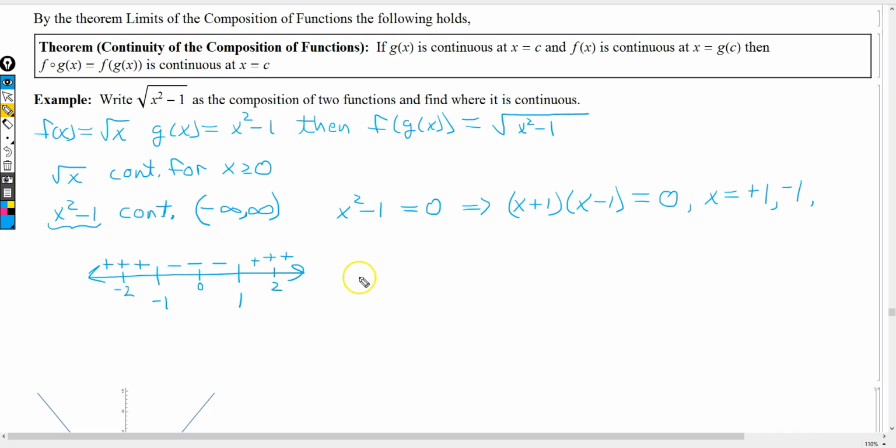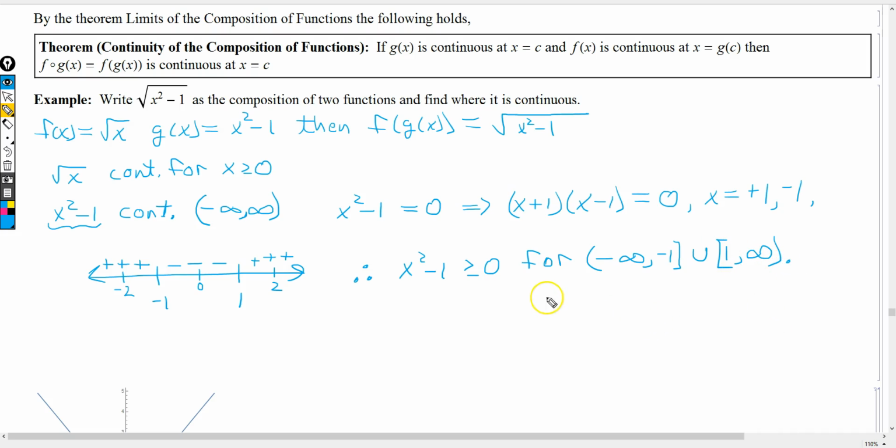Alright, so therefore, x squared minus 1 is greater than or equal to 0 for x in this interval. We'll write it like this: negative infinity to -1, union 1 to infinity.